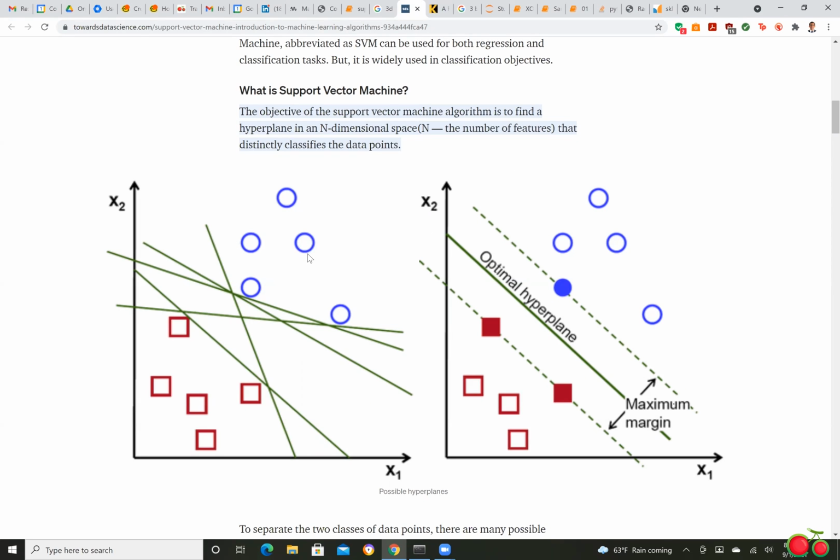So what happens if I draw a line like this? I am annotating again. What happens if I choose this line as my best line?